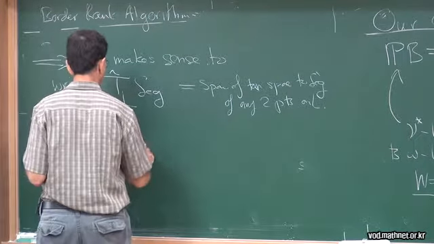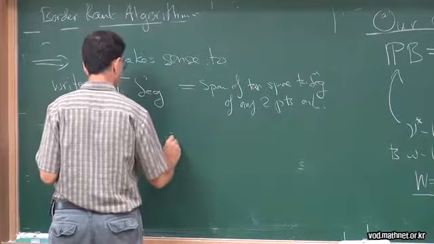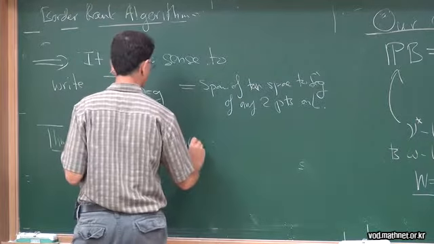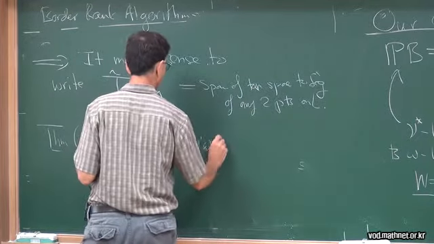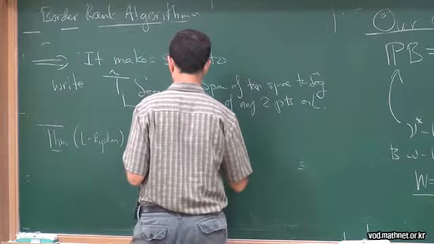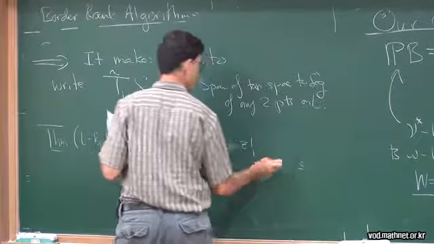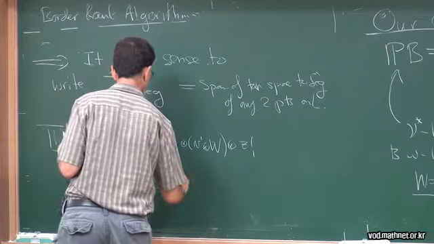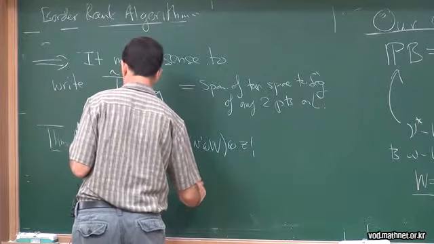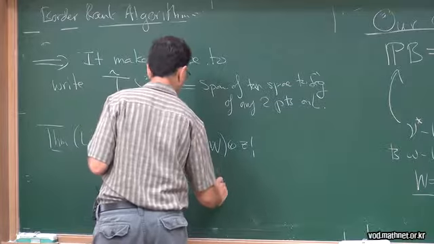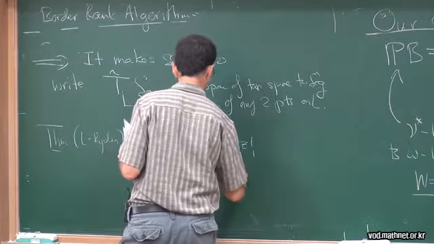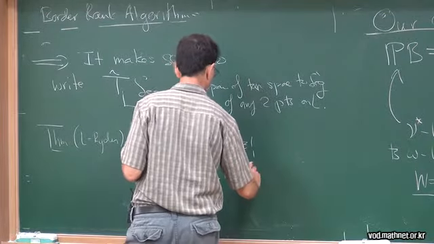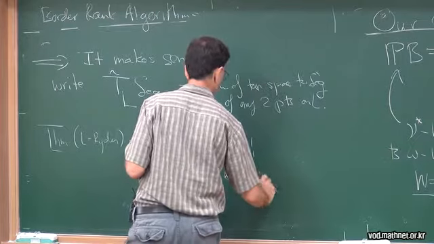Let L1 be x21 tensor v1 tensor w tensor z11, L2 equal x12 tensor y12 tensor w star tensor u1.